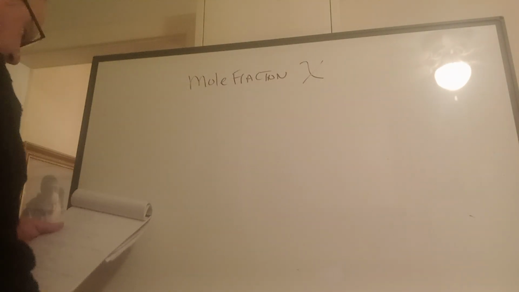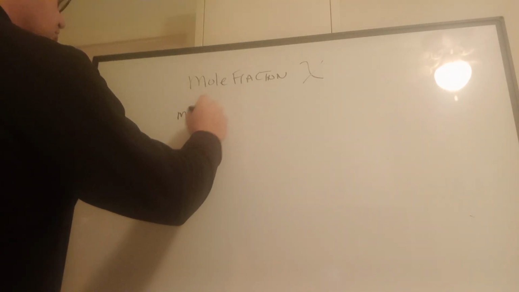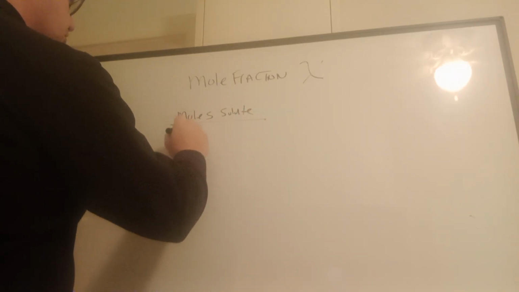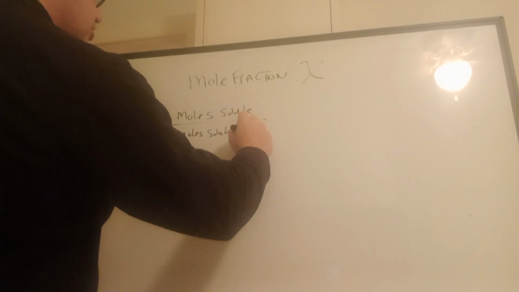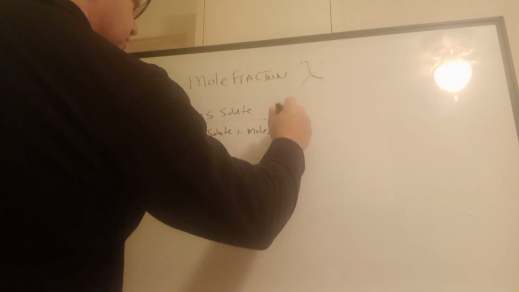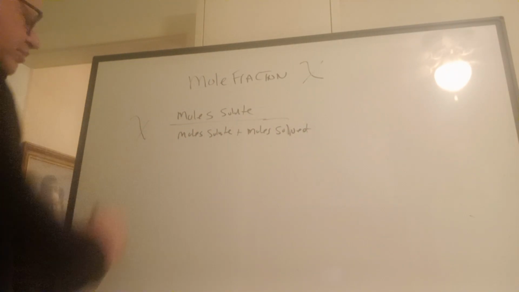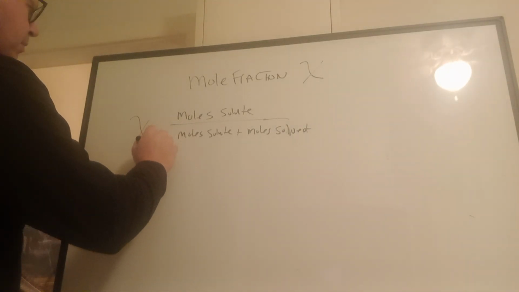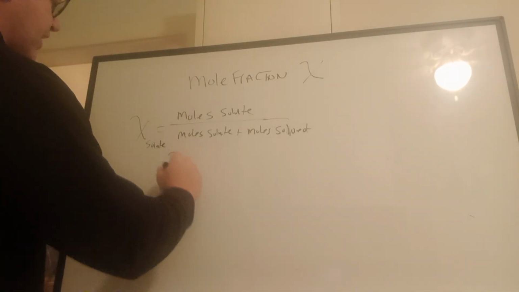The big idea is that for the solute, it's going to be the moles of solute divided by the moles of solute plus the moles of solvent. This will give you chi, the mole fraction for the solute, and the chi for the solvent is similar.